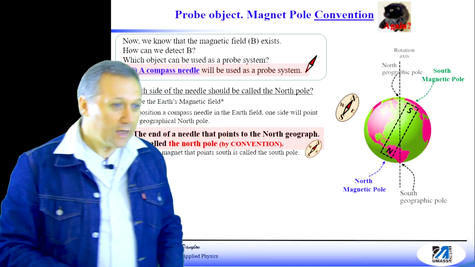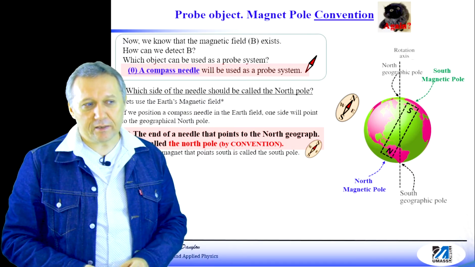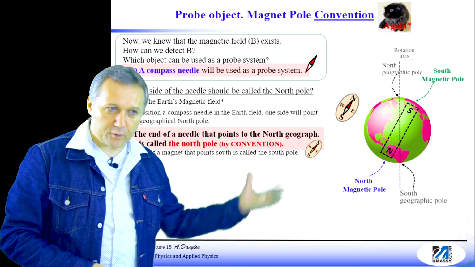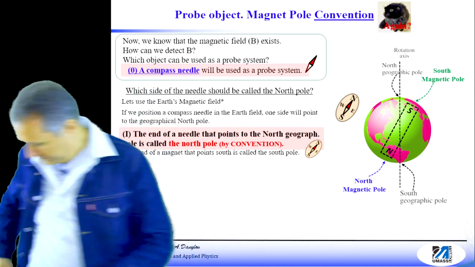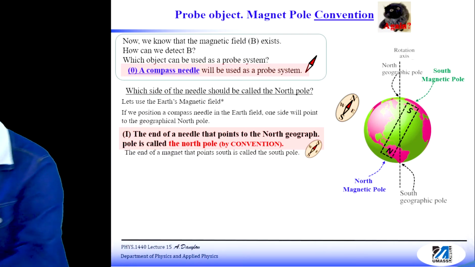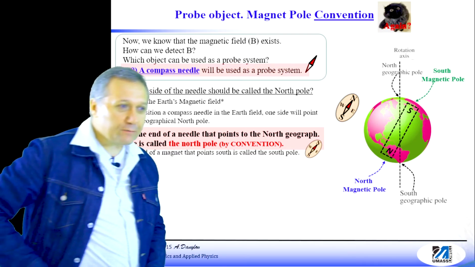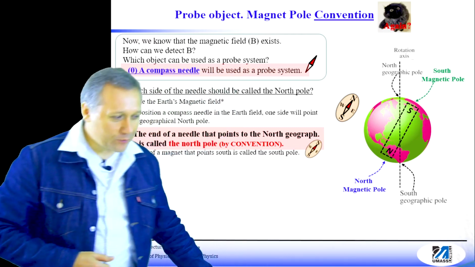We need to remember that. And it's not the whole story. Also, the magnetic poles are slightly offset from the geographical poles, right? A few additional things, a few facts about these magnetic poles.